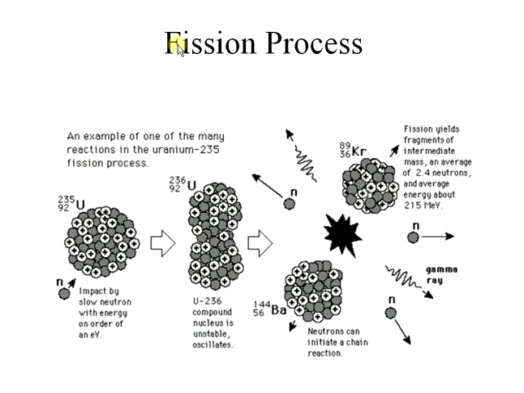Let us take a simple example, the fission process. Here this is uranium-235. When bombarded by a slow neutron, with energy on the order of an electron volt, what happens? A compound nucleus forms.